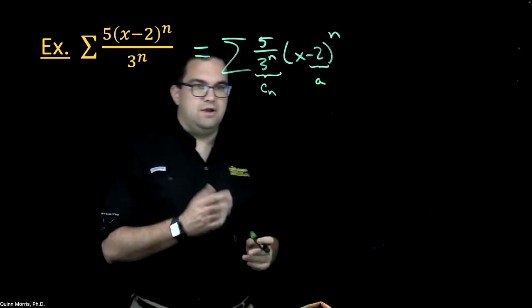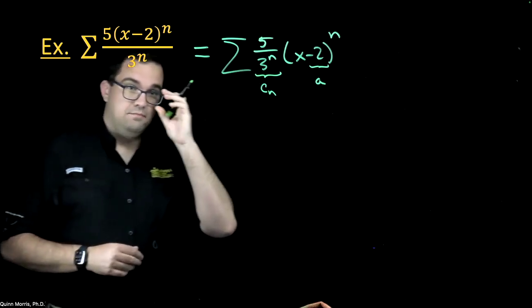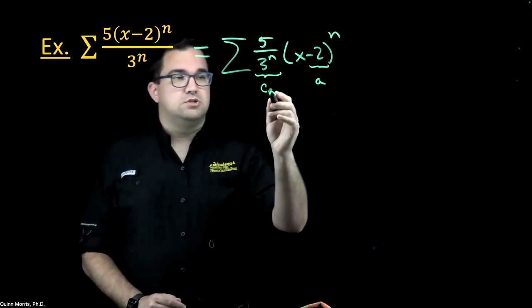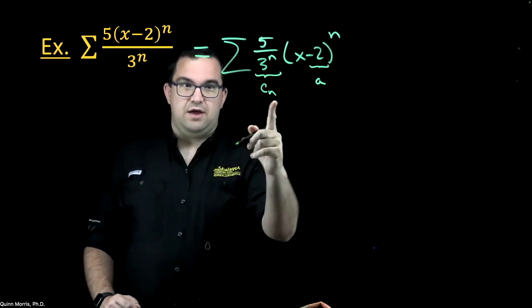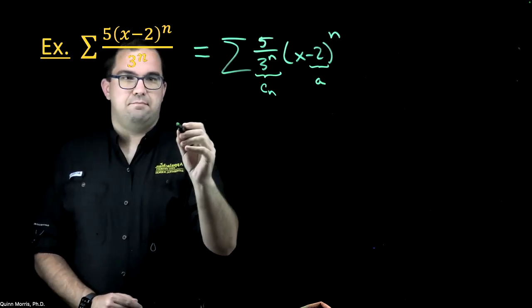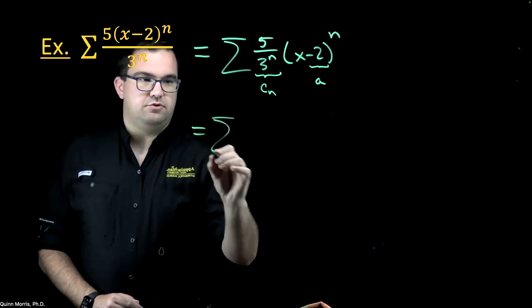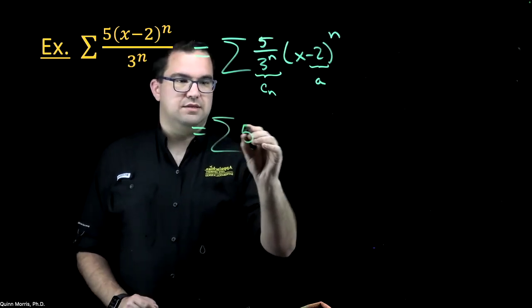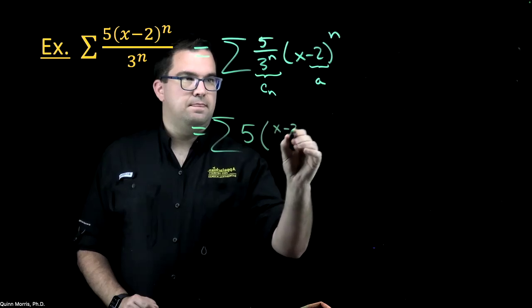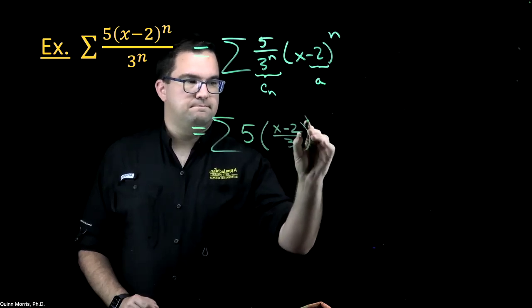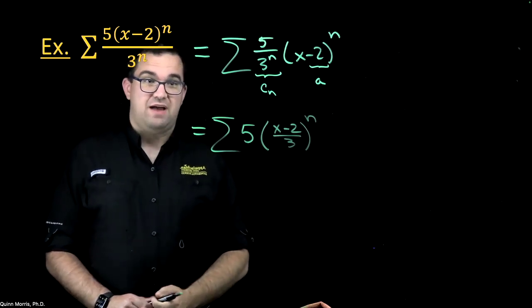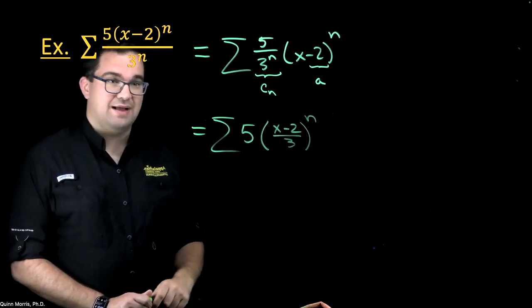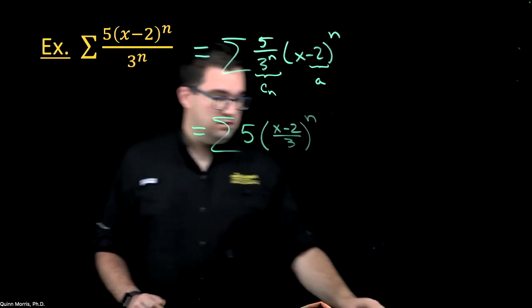Now again here, I could play a very similar game as before. I could take this series back to an equivalent form that looks like this. And I could recognize that for any fixed value of x, this is in fact a geometric series.